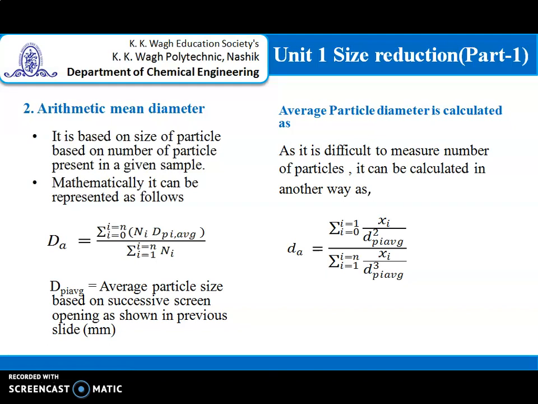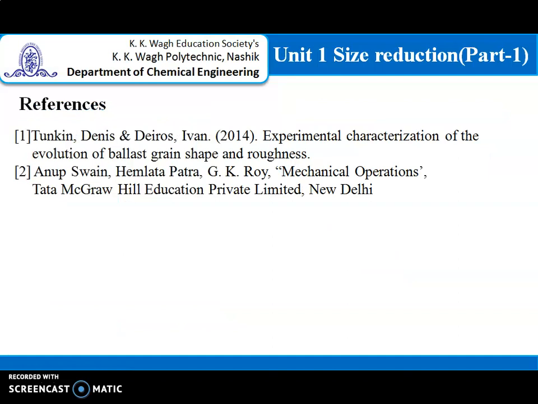So in this way, by using screen analysis, you can determine either the volume surface mean diameter or the arithmetic mean diameter. These are the references which I have used for preparing this presentation.